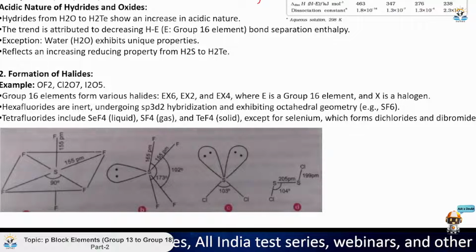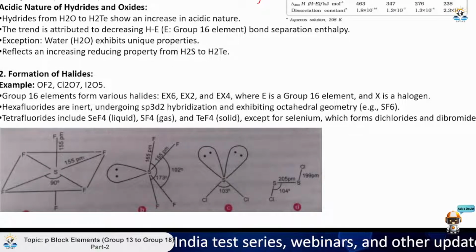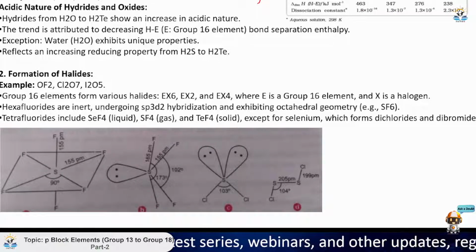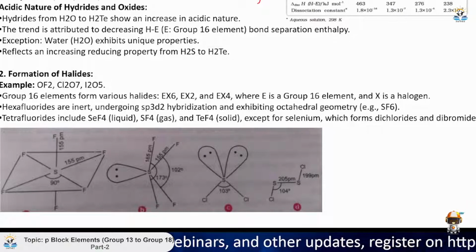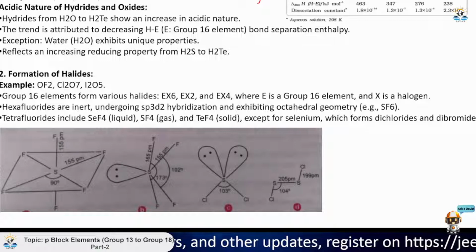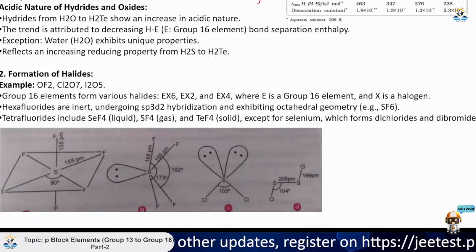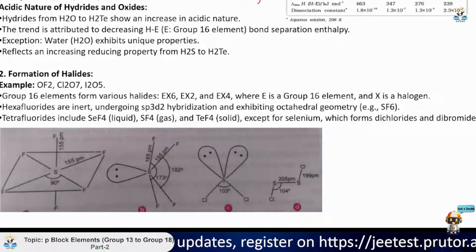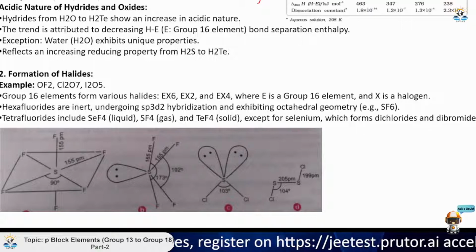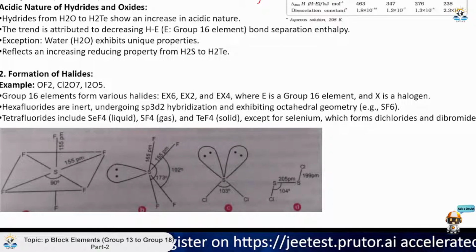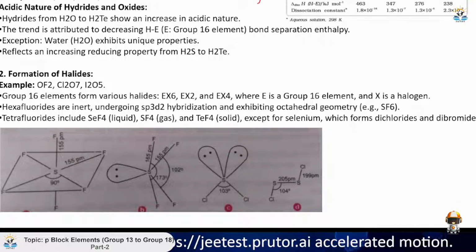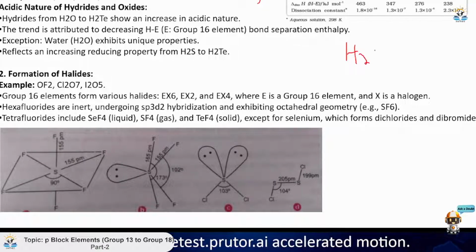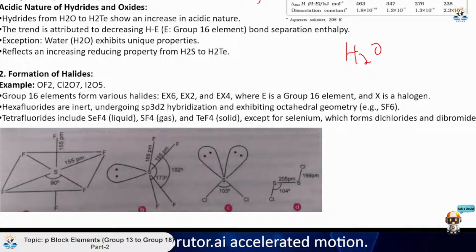And basically, what it's telling us is that as we go down, the boiling point and melting point should increase, but we see that H2O in particular has it very high compared to all the other things that are present over there. And that, my friends, is just due to a simple concept of hydrogen bonding.